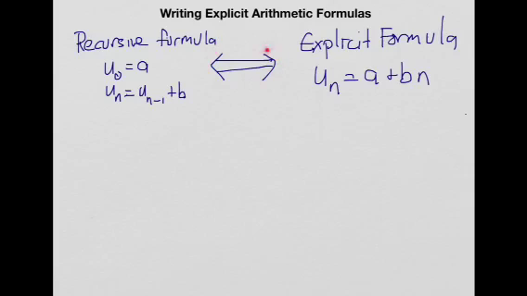Now, quick note, this double-headed arrow here, we use this to mean as equivalent. Basically what it means is if I have something written like this, I can change it over to this explicit form. And if I have it in the explicit formula, I can switch it back to the recursive formula. That's why we have the double-headed arrow on that.